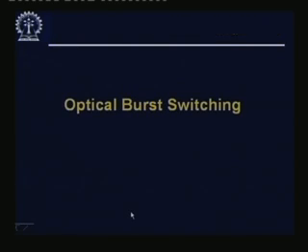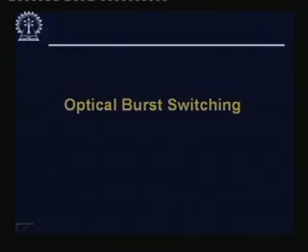So, this takes us to the next half of our lecture, where we will have a look at the other approach to this whole problem, namely optical burst switching. Just as the previous one was circuit switching, where we were setting up light paths, here we will try to take the packet route, that means we will send them packet by packet.